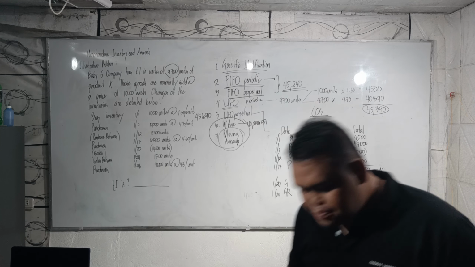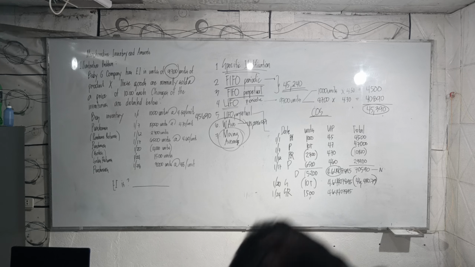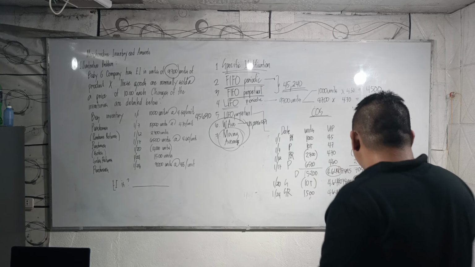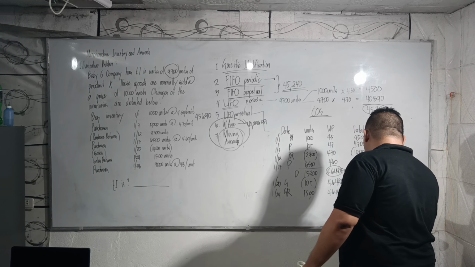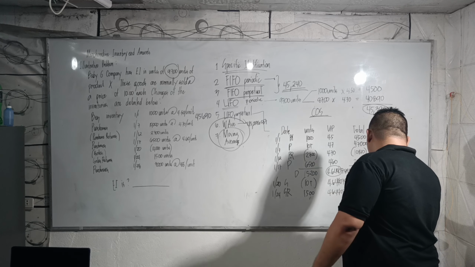And that would be 4.64407895 times 1,500. You're gonna get 6,966.12.